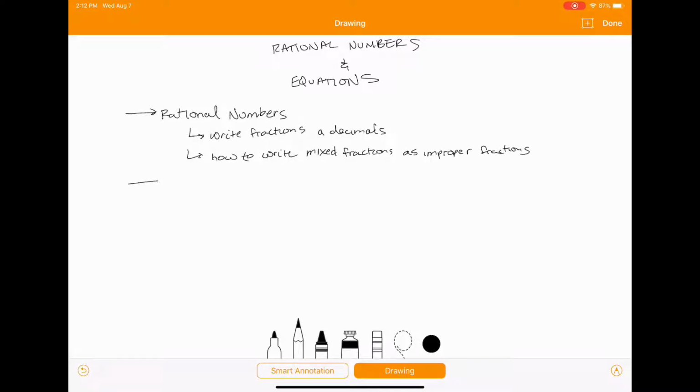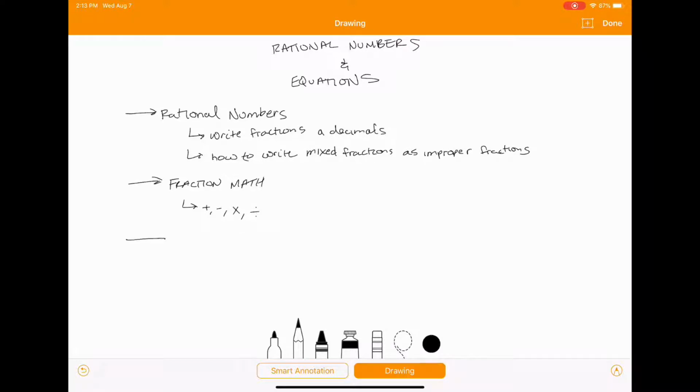Then we're going to go ahead and go over some fraction arithmetic, which includes learning how to add, subtract, multiply, and divide fractions.